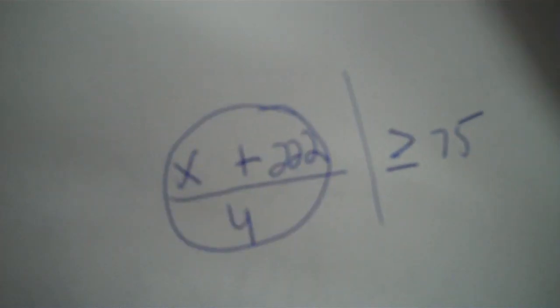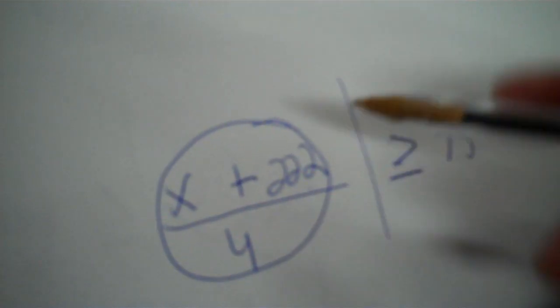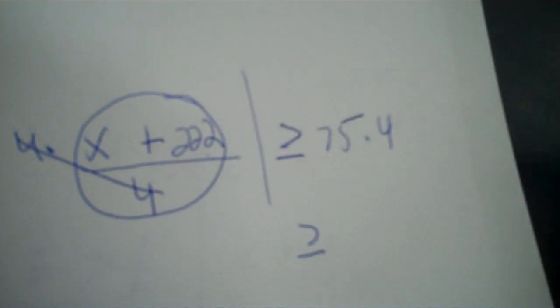Okay, now I solve it. Now it's not just x divided by 4, it's the whole side divided by 4. So we need to get rid of the divided by 4 first by multiplying by 4. And then we minus 222. Check the signs both places. So multiplying isn't going to change it, and neither will the minus. So I times 4 times 4.